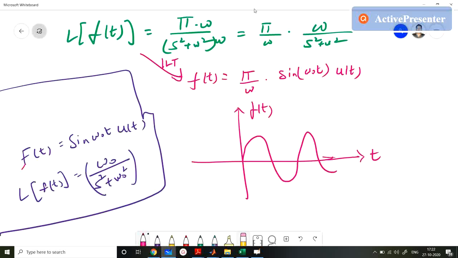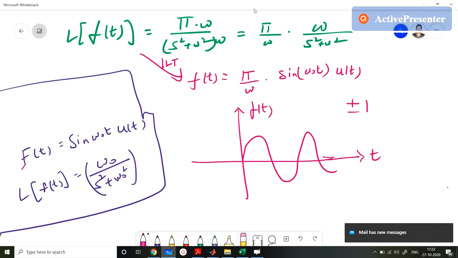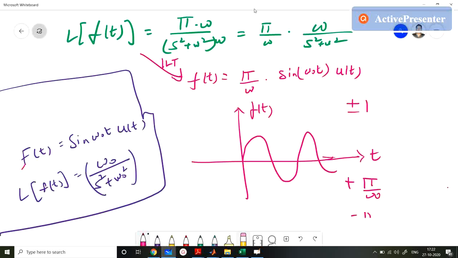If we analyze this signal, we can find out that the amplitude of sine will range from plus 1, the maximum value of sine, to minus 1, the minimum value of the sine wave. But here it is multiplied by pi by omega, so the maximum value is plus pi divided by omega, and the minimum value is minus pi divided by omega.